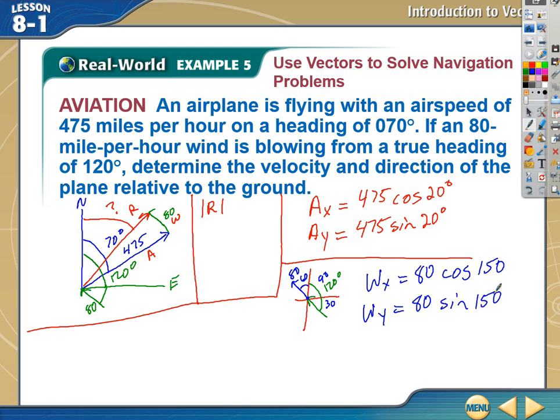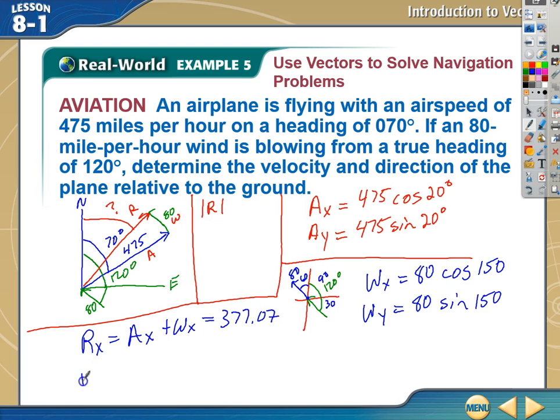All right. Again, I find this out. I go and find out what R is. Okay. I find out RX. RX, remember, it's my resultant. So it's AX plus WX. Tap, tap, tap into a handy dandy calculator. And it tells me that it's 377.07.